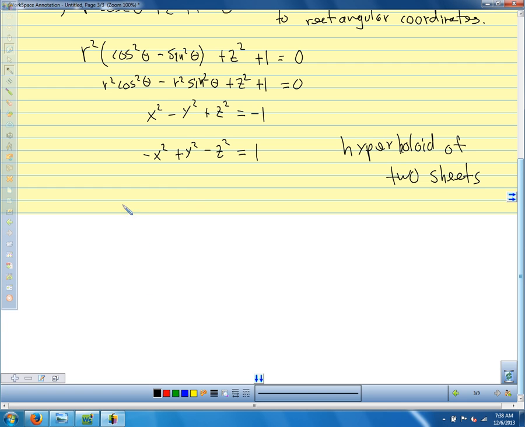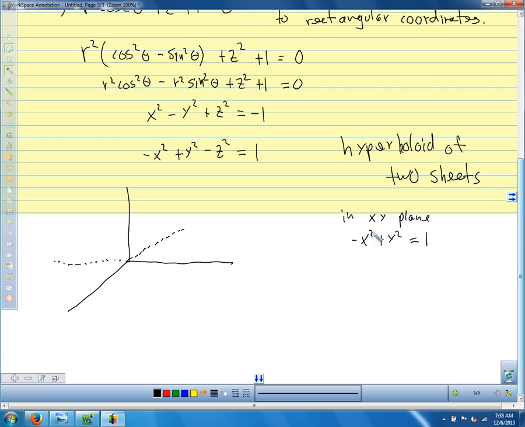So I want to draw my axes here. I'll extend my y here and my x back here. So in the xy plane, when z equals 0, I have minus x squared plus y squared equals 1.